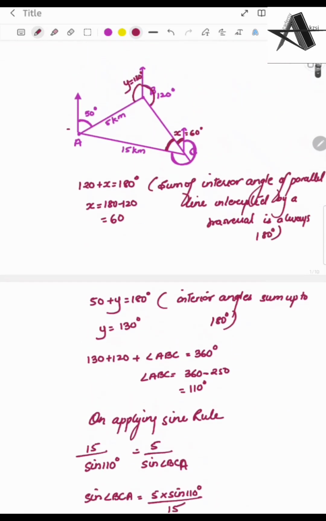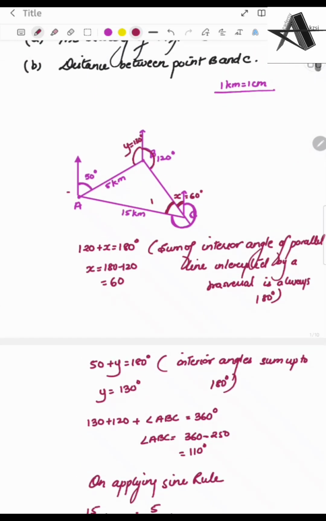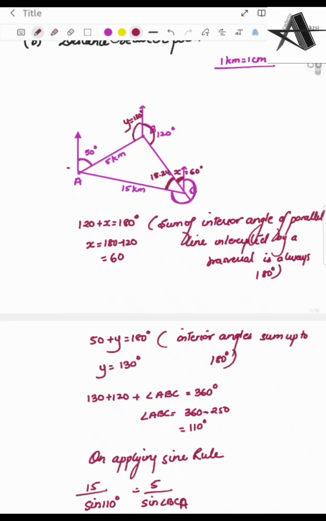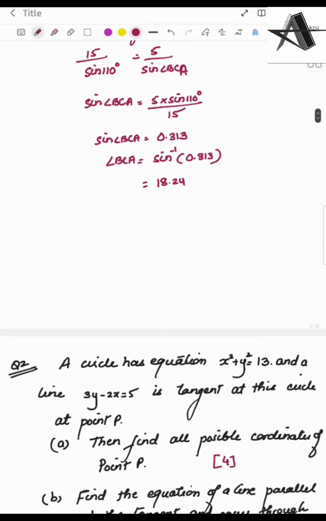So what value do I have here? This angle comes out to be 18.24. This angle we just calculated as 60. So now it's very easy. I just need to add them up. So 60 plus 18.2, 78.2. So here I just need to subtract from 360 degrees.